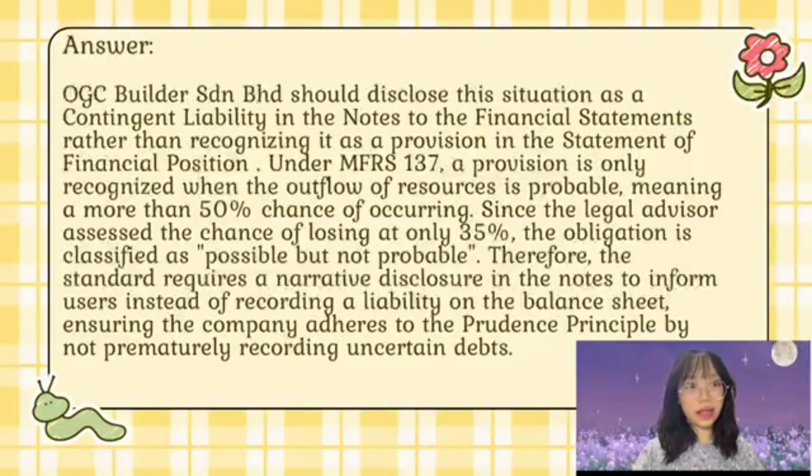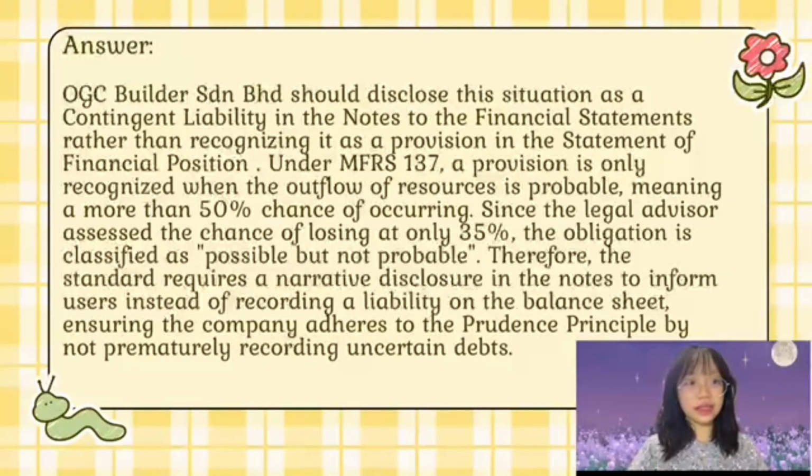The answer is OGC Builder Sdn Bhd should disclose this situation as a contingent liability in the notes to the financial statements rather than recognizing it as a provision in the statement of financial position. Under MFRS 137, a provision is only recognized when the outflow of resources is probable, meaning a more than 50% chance of occurring.